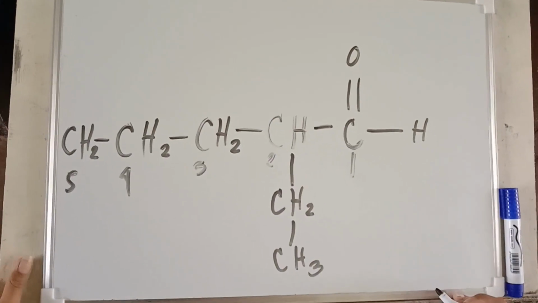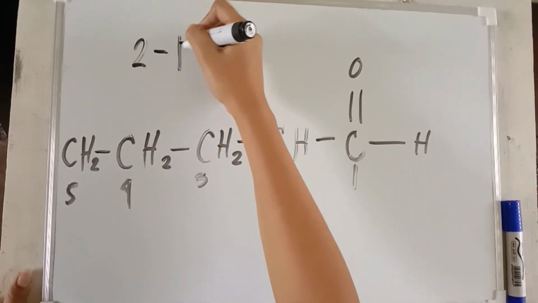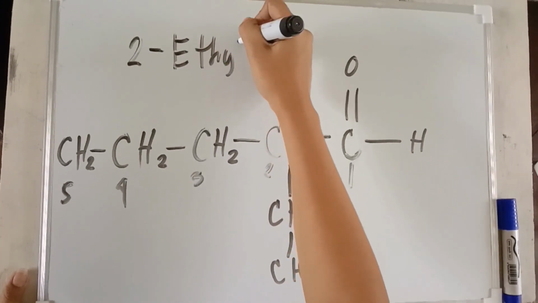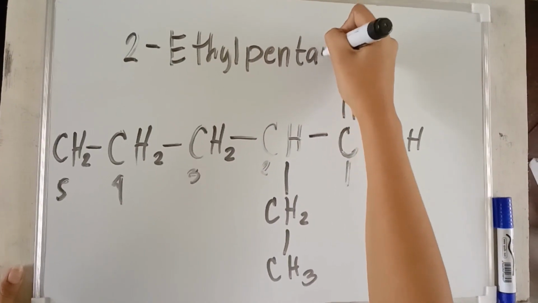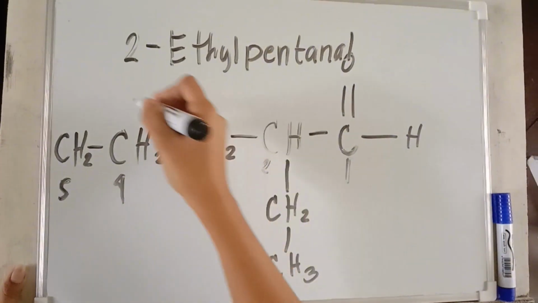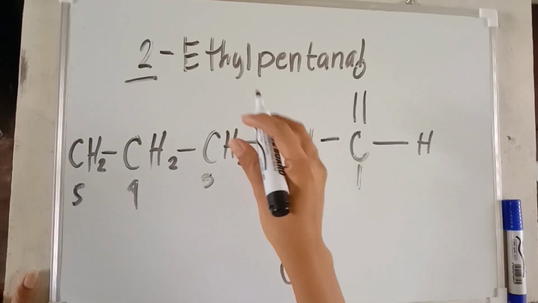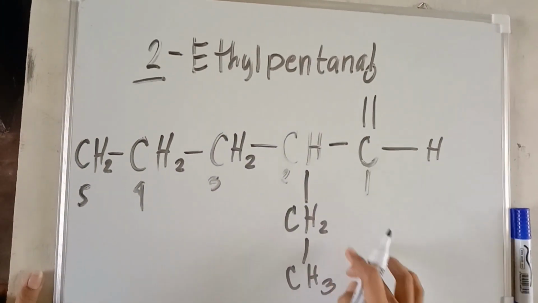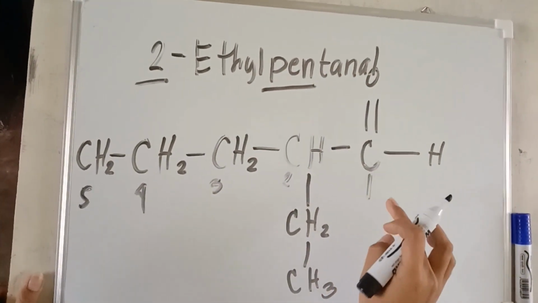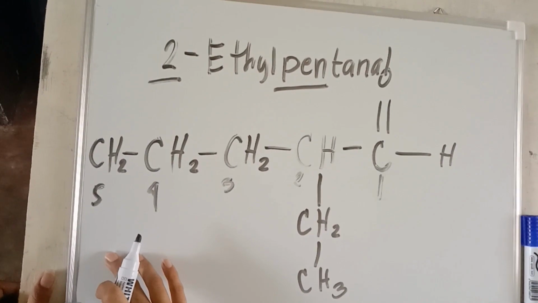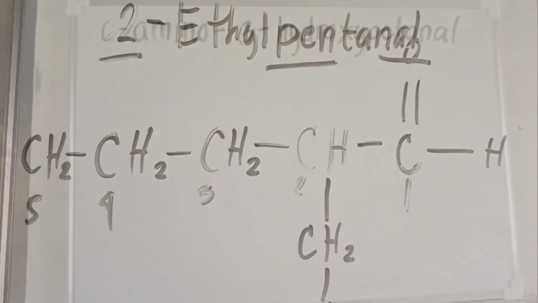So the name for this structure is 2-ethylpentanal. The 2 indicates that the substituent is located at carbon 2, ethyl because it has 2 carbons, and pent because there are 5 carbons in the longest chain, and AL indicates that it is an aldehyde.